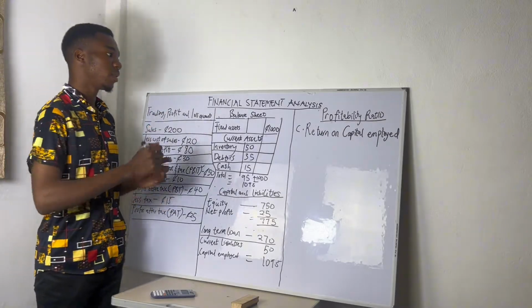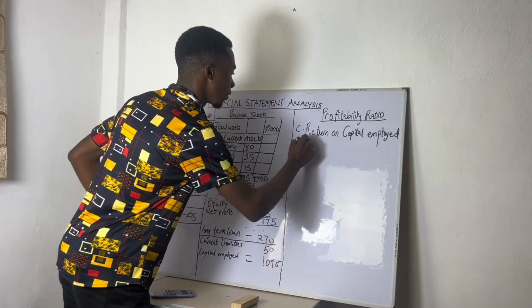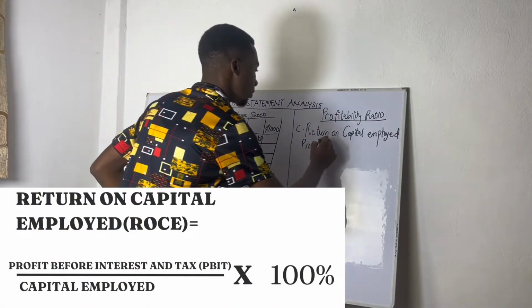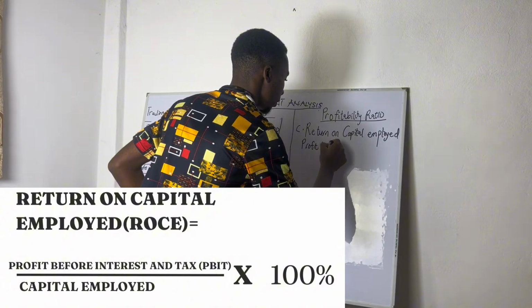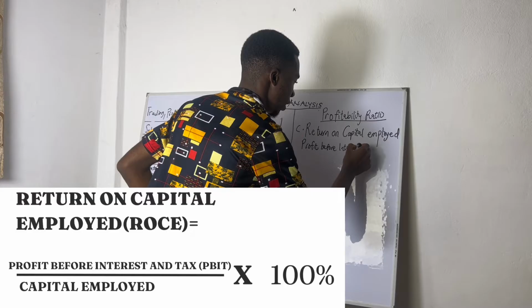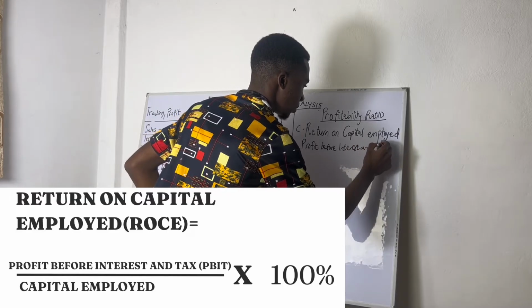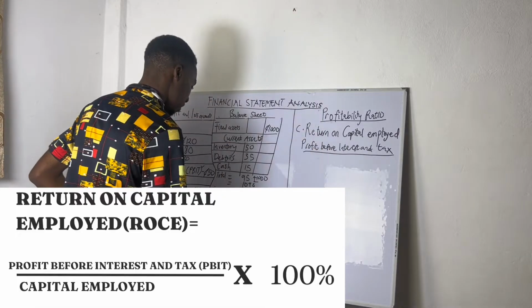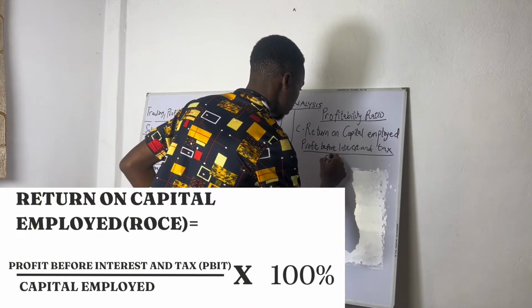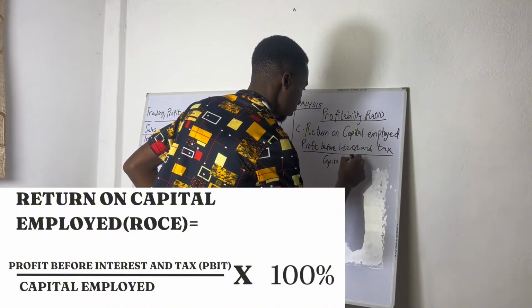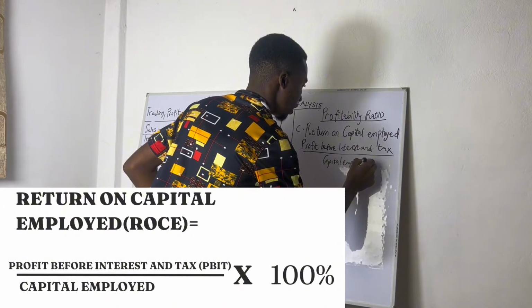And the formula for that one is the profit before interest and tax over the capital employed times 100.